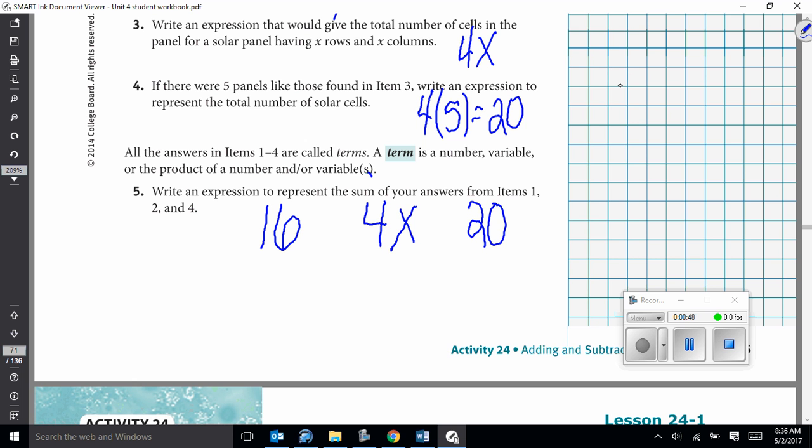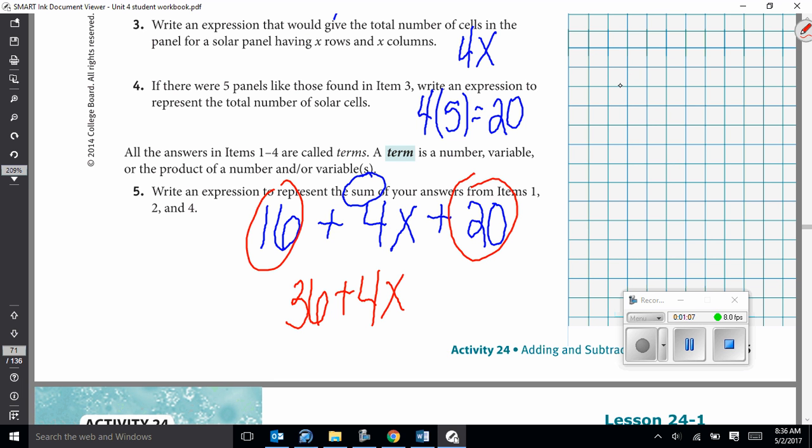So if it says sum, what operation are we doing? We're adding. So what ones can we add together? Alright, so like terms, 16 and 20. So that's 36. So can I add 4x to that and say 40x?